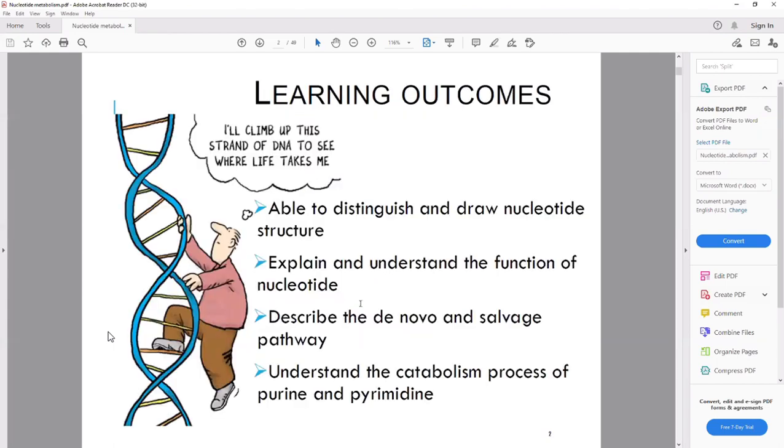I hope you are able to describe the de novo and salvage pathways, distinguish and draw the nucleotide structure, understand the importance and roles of nucleotides, and also understand the catabolism process of purine and pyrimidine.